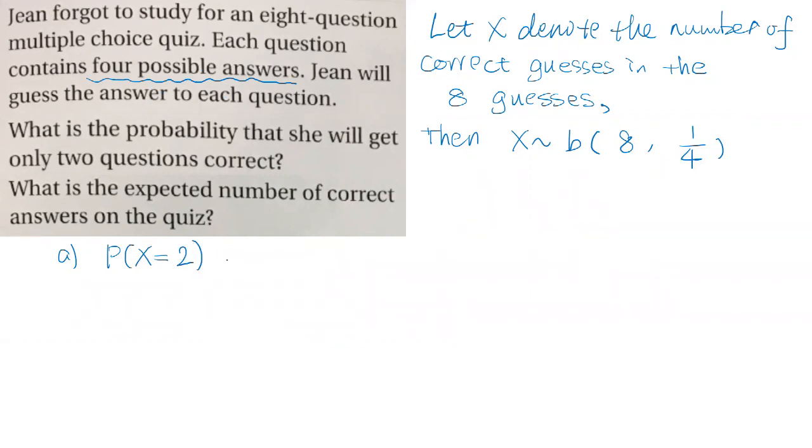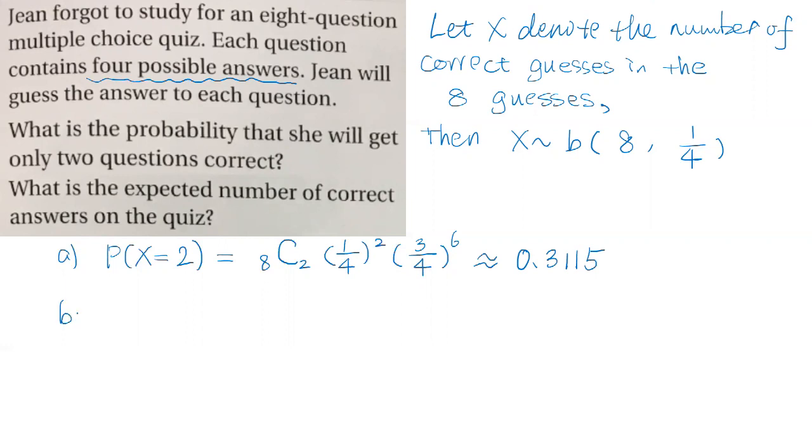Only 2 questions correct. Okay, so this one is C82, (1/4) squared, and (3/4) to the 6th. Okay, which is approximately 0.3115.